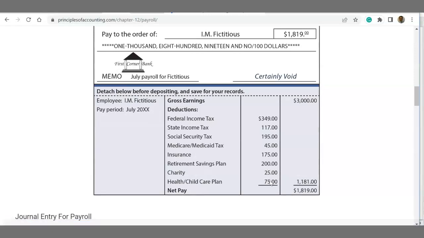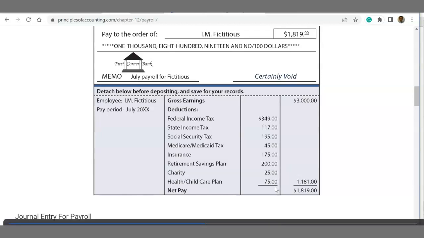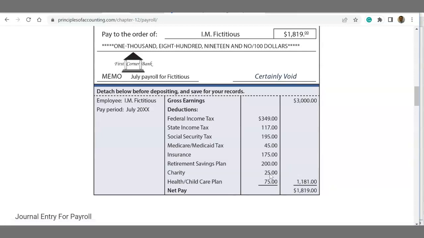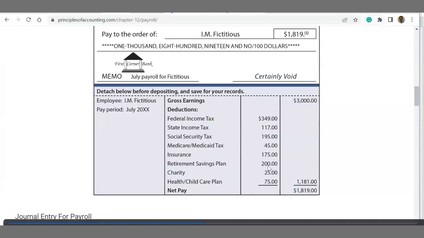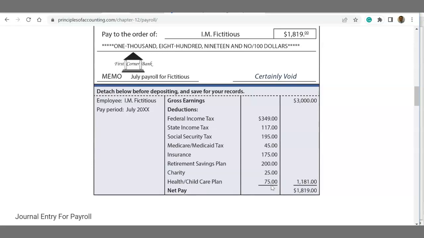So these three things, as you see, might be matched by the employer to some degree. Let's say charity, maybe the employer doesn't match anything, but retirement, let's say the company says dollar to dollar, I will match. And let's say the childcare plan also, maybe dollar to dollar, they will match. Bottom line, this will be withheld from the employee's paycheck. And all of a sudden, the employee is taking a check home, net pay of $1,819.